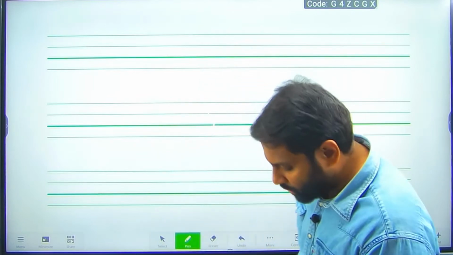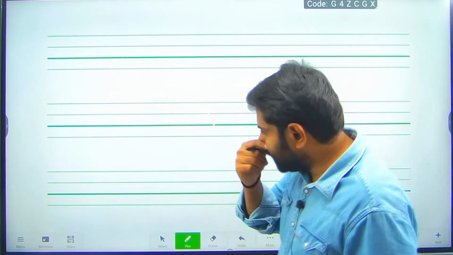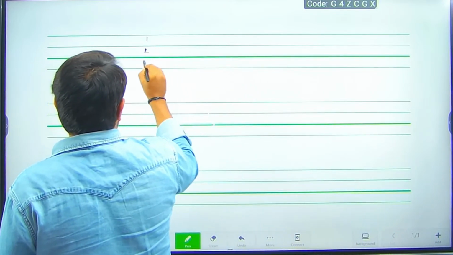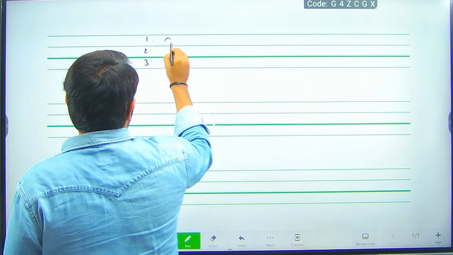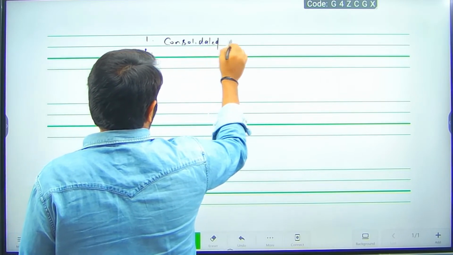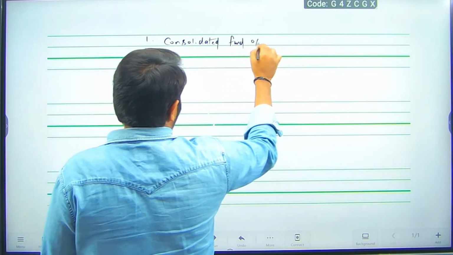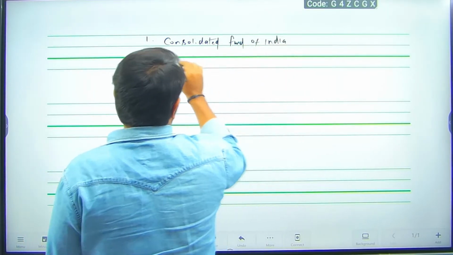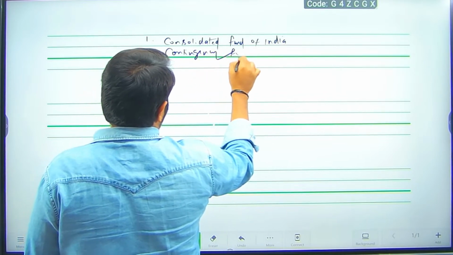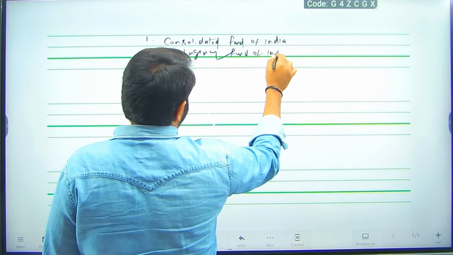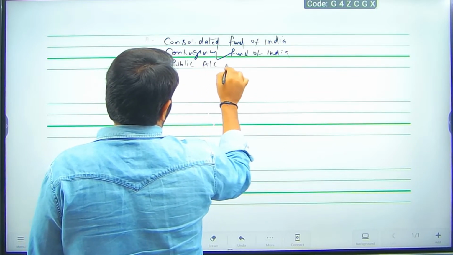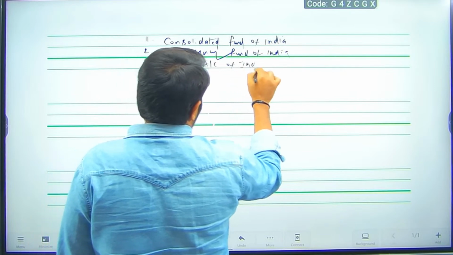Yesterday we saw the basics of budgeting. Especially we saw the three important accounts we have, which are the Consolidated Fund of India, Contingency Fund of India, and Public Account of India.